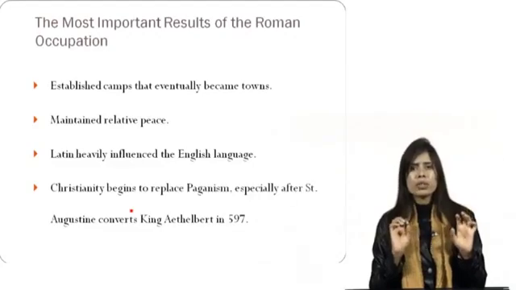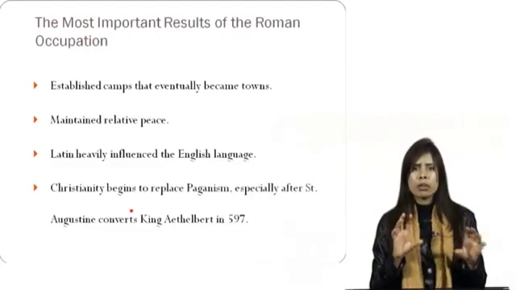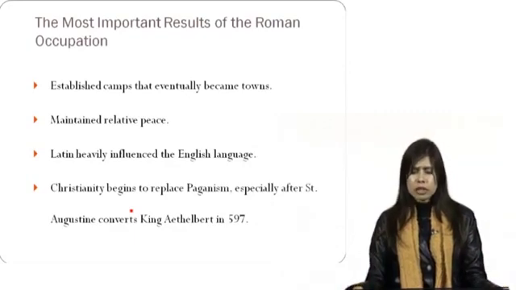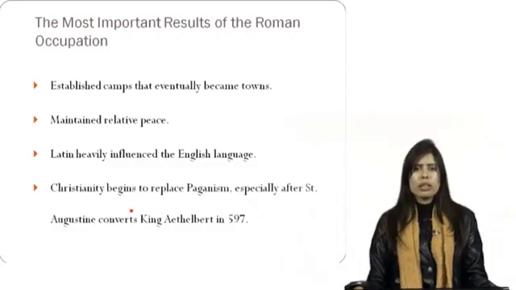So here, my dear students, you can see that the Roman empires introduced Christianity in Britain, especially after St. Augustine converted King Aldebert in 597. Basically, the point is that we start with the history of English, or history of Britain, that who were the earliest settlers over there in Britain.